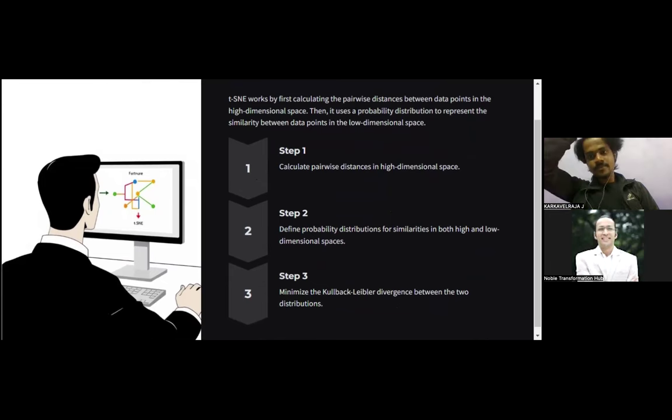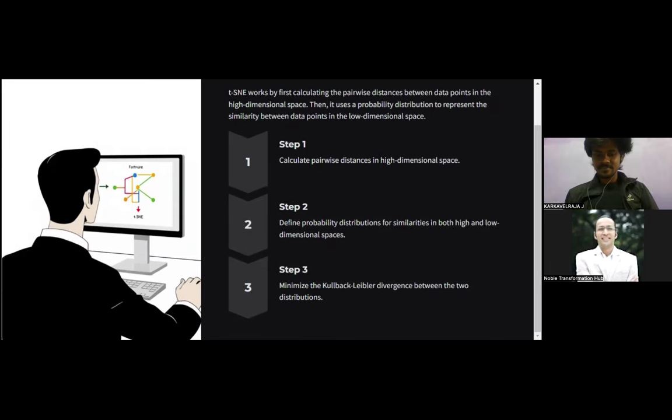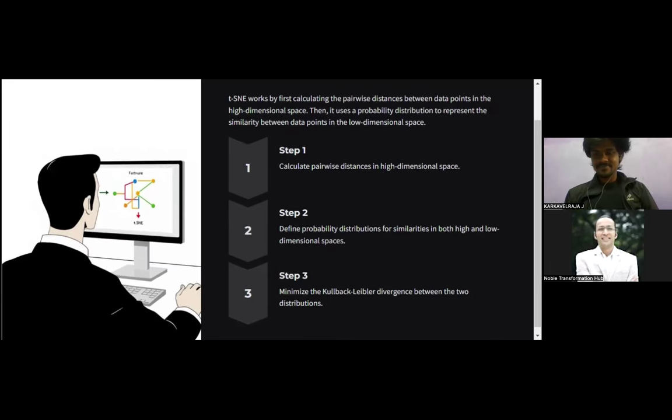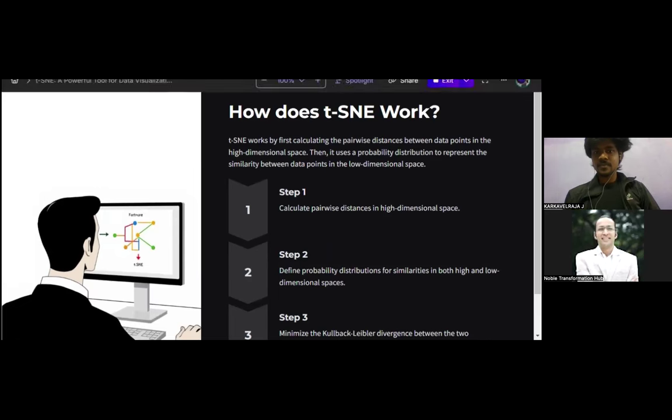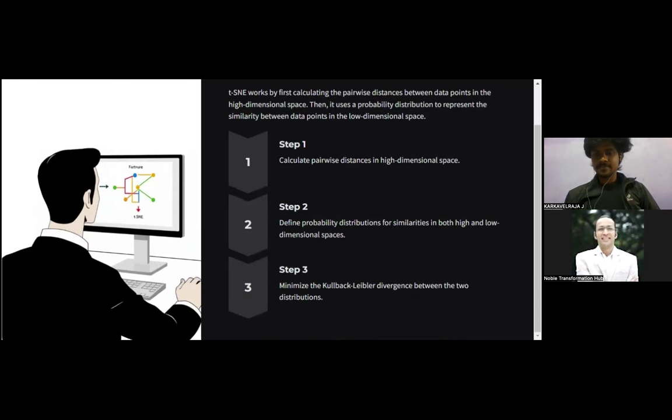Step 3 is to minimize the Kullback-Leibler divergence between the two distributions. So these are the three steps of how it works. Let's move to the next section.